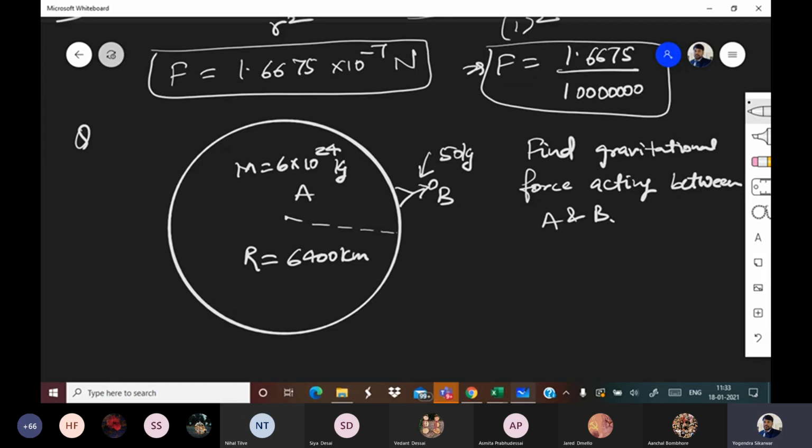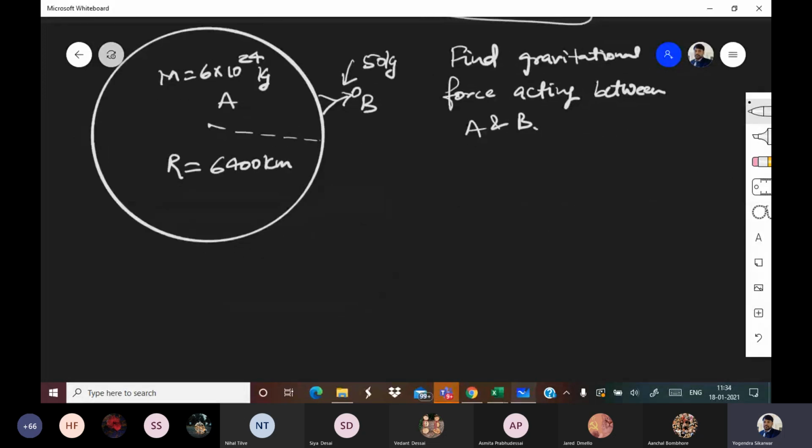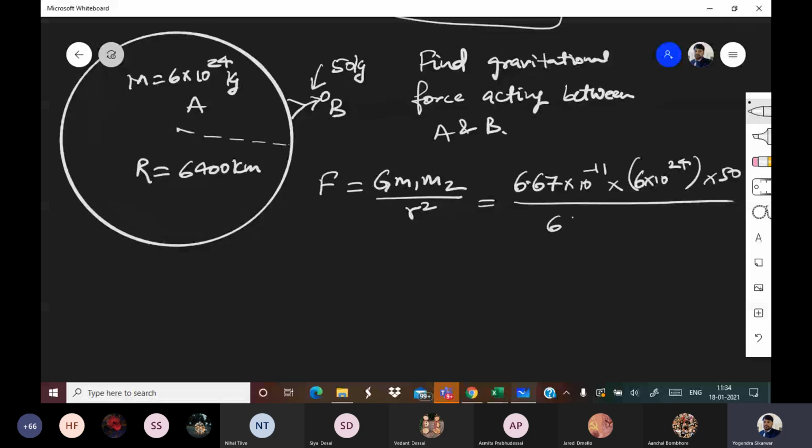Okay, everyone, please pay attention. So F will be G m1 m2 upon r square. G is 6.67 into 10 to the power minus 11, into 6 into 10 to the power 24, into 50, upon 6400.